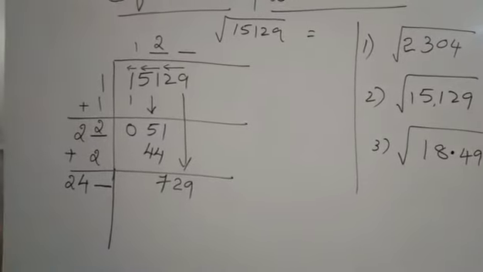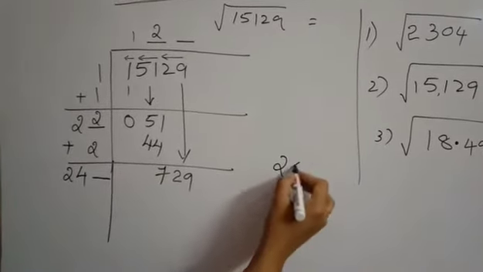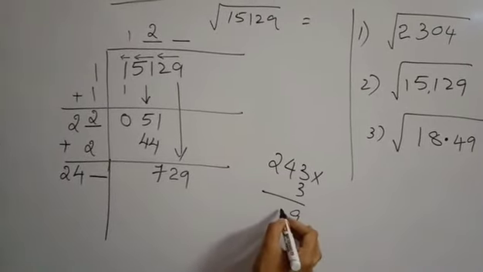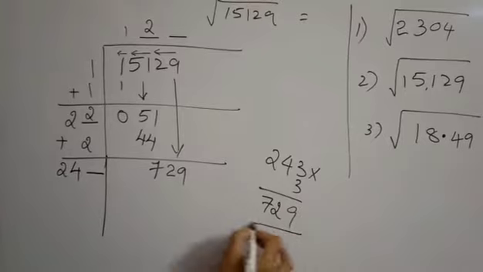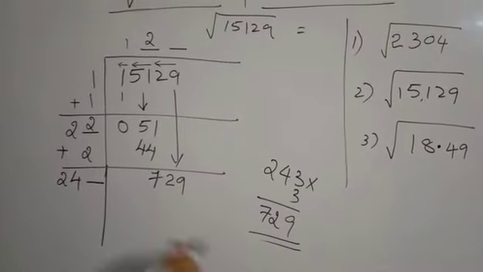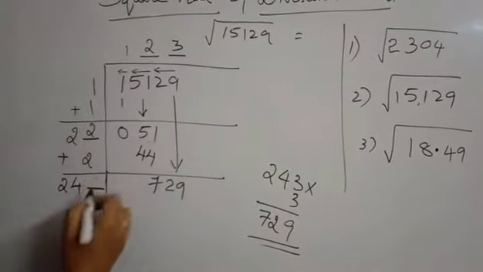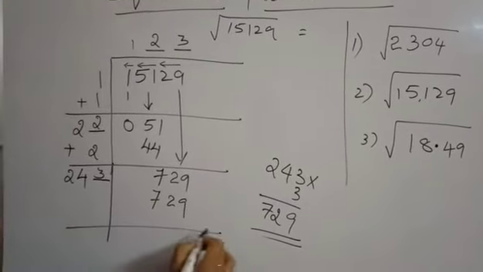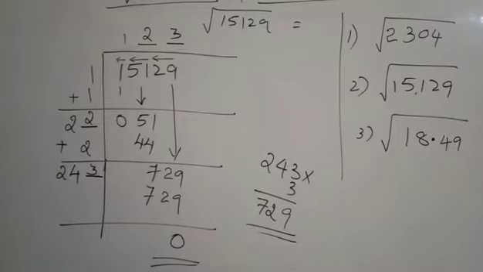So we'll consider 3 here. So 243 into 3, 3 3s are 9, 729. So this will be 3 here. When you subtract, you will get the remainder as 0.